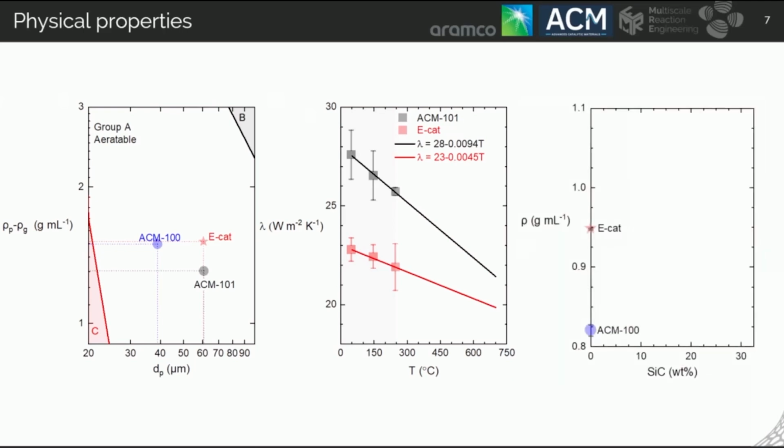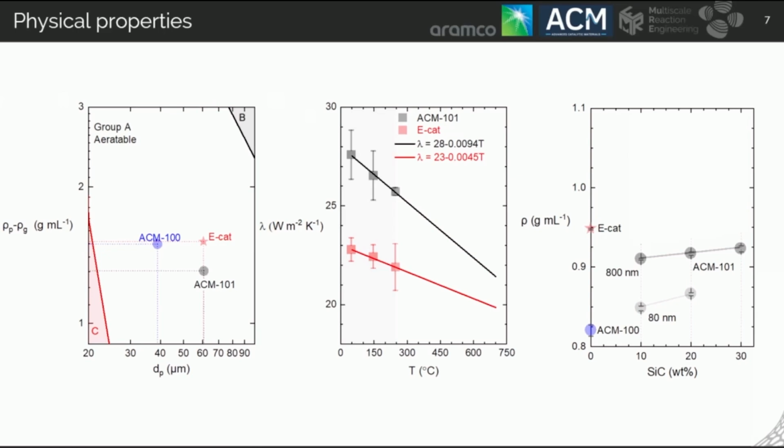Regarding the tapping density, we can see that if we increase the content of silicon carbide nanoparticles, we are going to see higher tapping density, and also the size of those particles matters.